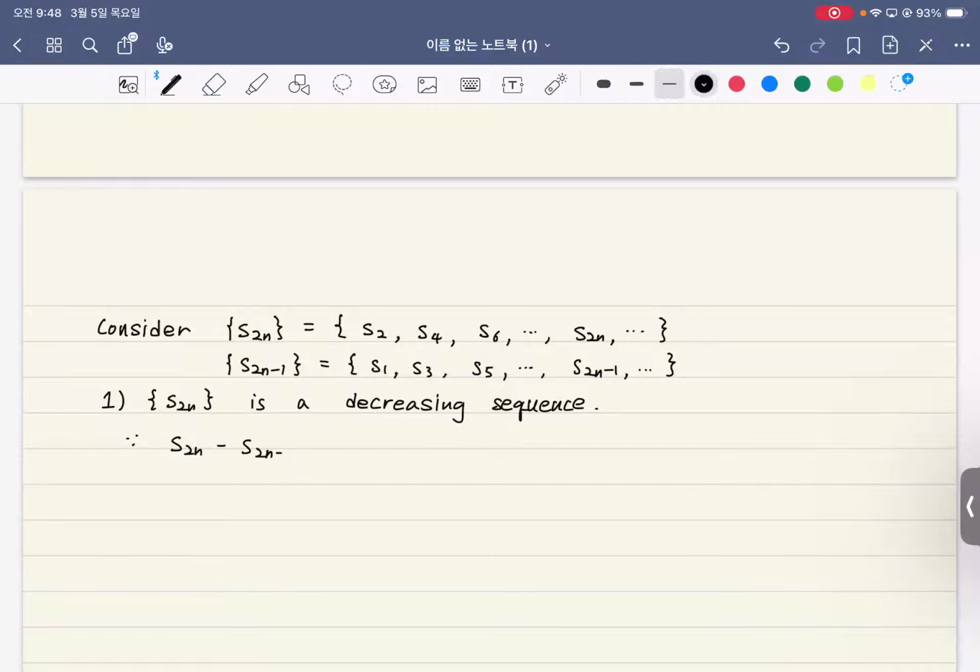This is the difference between two consecutive terms from this subsequence. And what is this? This is the summation from a_1 to a_2n minus the summation from a_1 to a_(2n-2), and since we are taking the difference, this is going to be a_2n minus a_(2n-1).